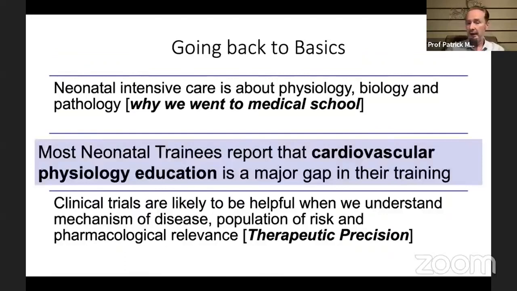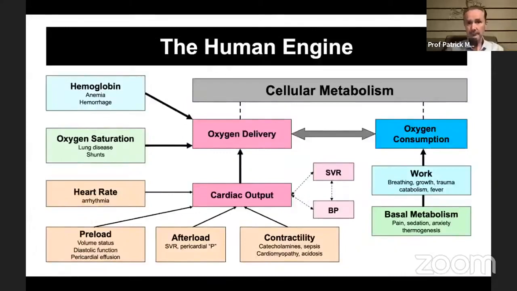Yet, when I go across centers across North America and talk to neonatal trainees, almost universally, they report in their fellowship training, there is very little cardiovascular training, education, outside of talking about blood pressure. So we need to improve. So to better understand heart-lung interaction, it's important first to recognize that the goal of care is to optimize cellular metabolism, which is ensuring that the balance between oxygen delivery and oxygen consumption has adequate homeostasis.